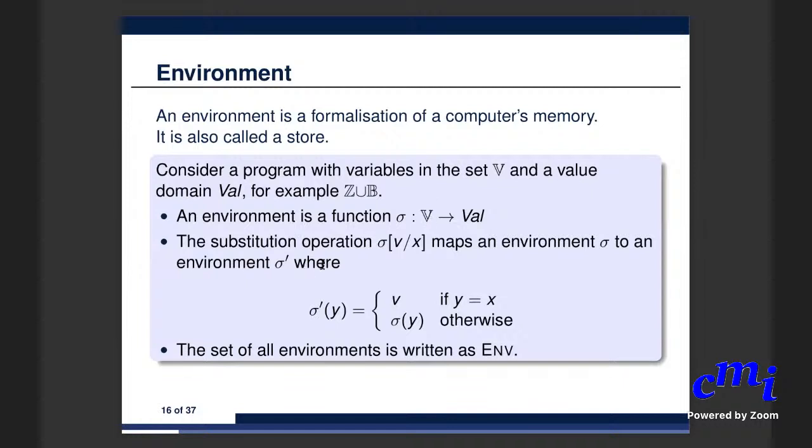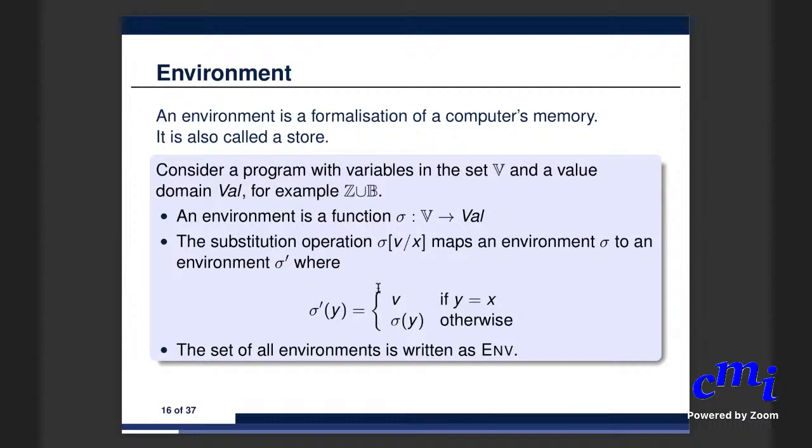And we define what's called an update or a substitution operation on this environment object, which is a function, denoted as sigma with square brackets, x getting a new value v.